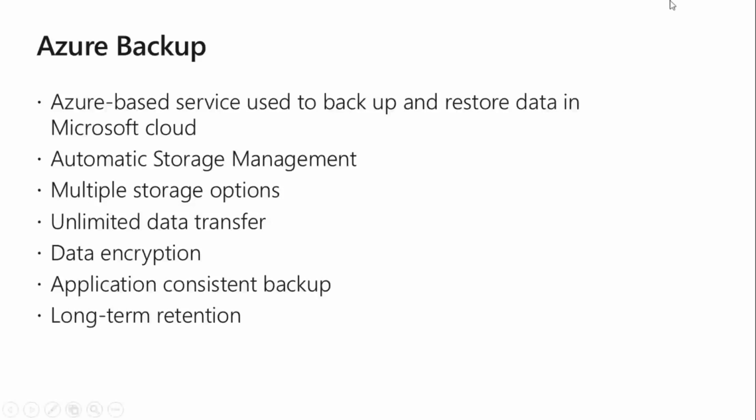So that is called on-premises backup. In Azure Backup, we have storage management, multiple storage options, unlimited data transfer, and data encryption. We also have a long-term retention policy. We have different types of retention policy, like 7-day retention, month-wise retention, and yearly retention. When we go for a backup, there we can find the retention policy.